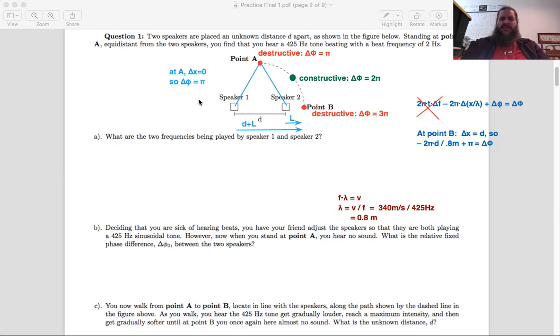Any other questions on that one? Or anything else you want to work on? Can we do question 4B?